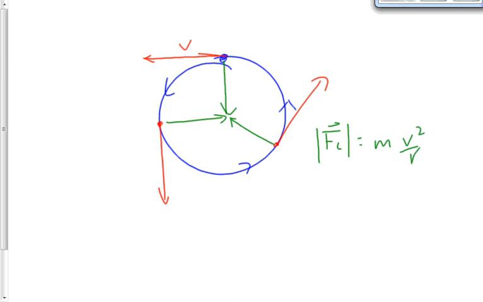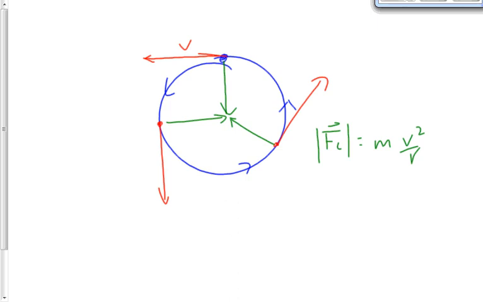In the case of the Earth going around the sun, what's it caused by? Gravity. Good. In the case of my keys going around my hand, I always use that as an example, right? Swing the keys around my hand on the end of the string. What's the centripetal force caused by? My hand. Good.